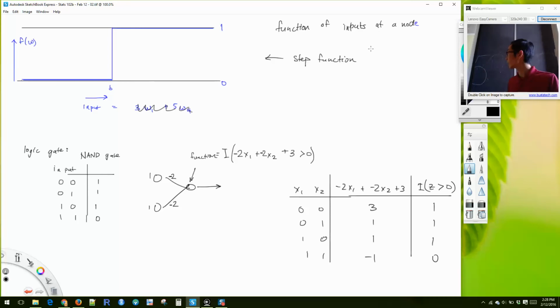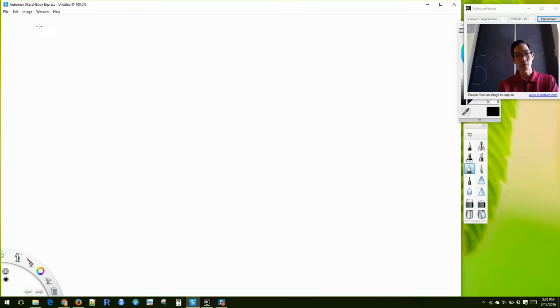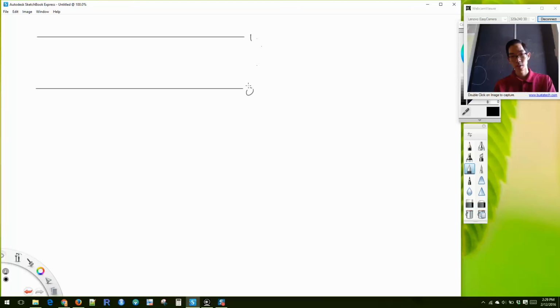and so rather than this step function, we're going to use a logistic curve, which in the literature on artificial neural networks is known as the sigmoid function.